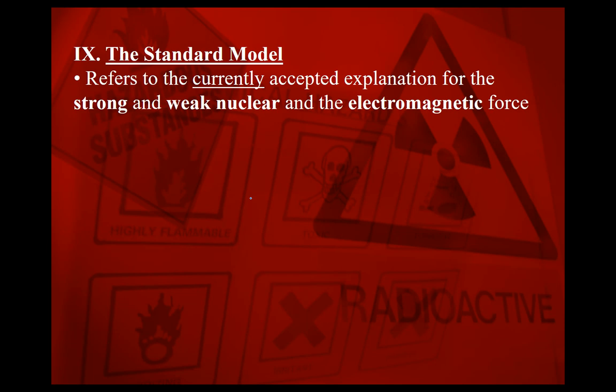The standard model tries to explain things in terms of our fundamental forces. It's the currently accepted explanation for the strong and weak nuclear and the electromagnetic force. You'll notice that one of my 4 fundamental forces is missing here: the gravitational one. The issue with the gravitational force is the mediating particle is a graviton.